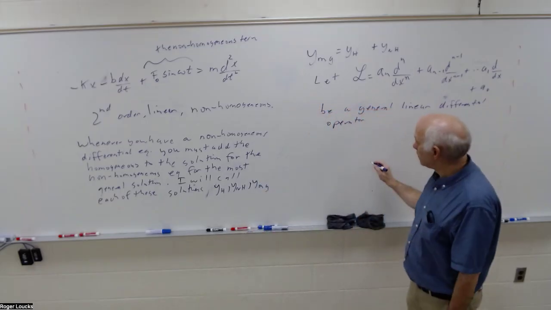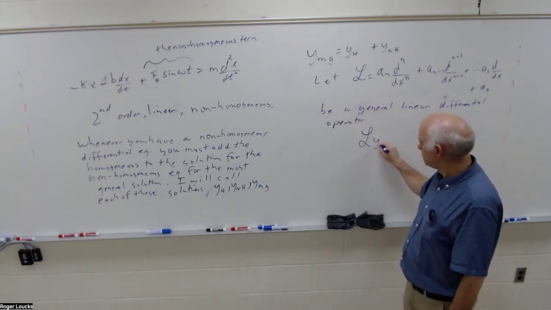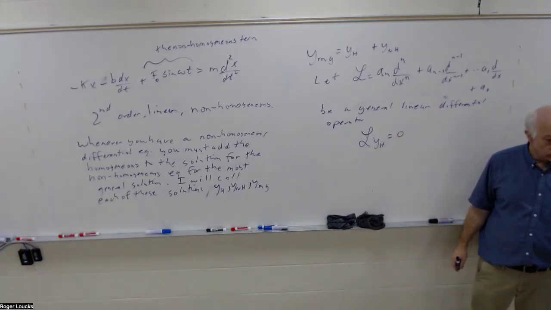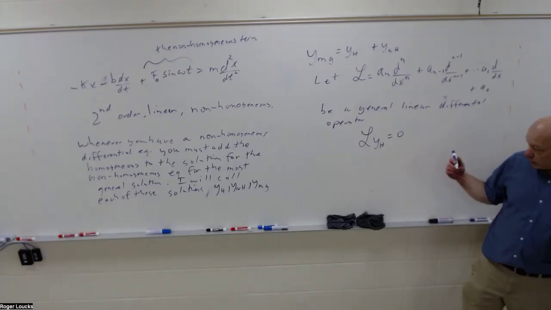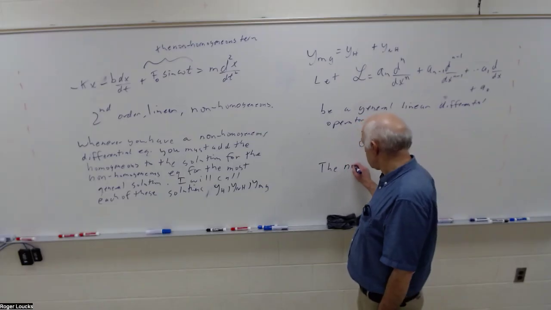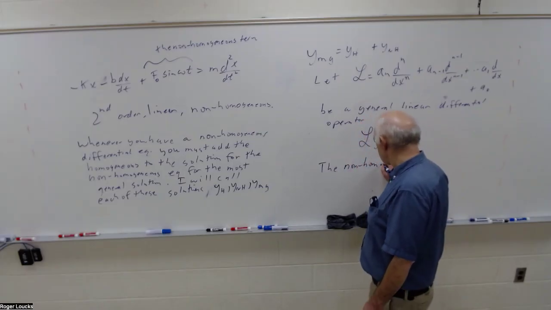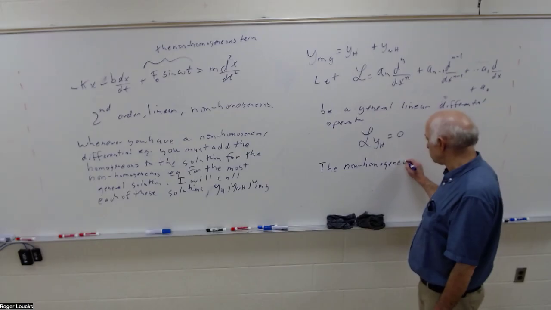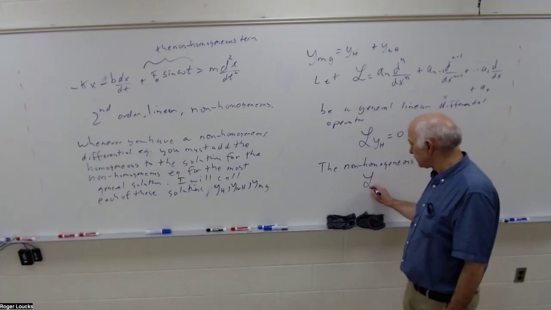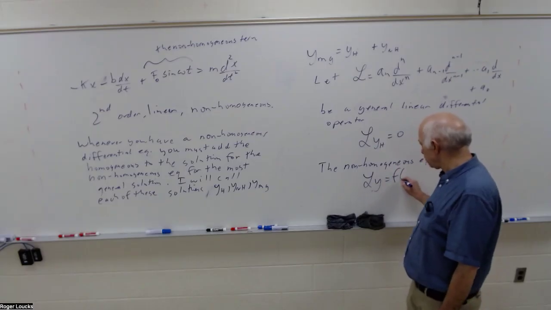So what I have here is my homogeneous solution, and the homogeneous equation is L acting on YH equals 0. The original equation is this L acting on Y equals some f of x.